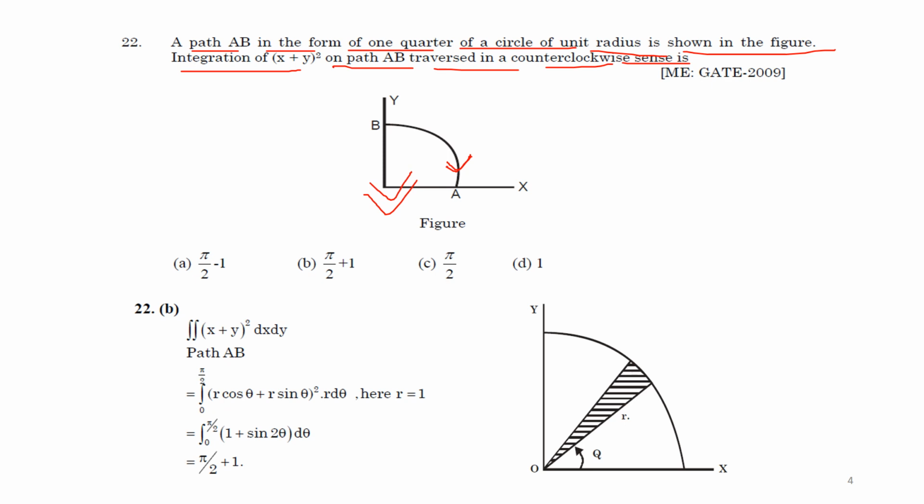What we have to do is take one small element at angle theta. This is theta, not q. Let's say this is r. So x is r cos theta, and y is r sin theta.